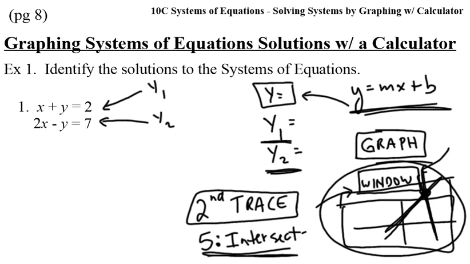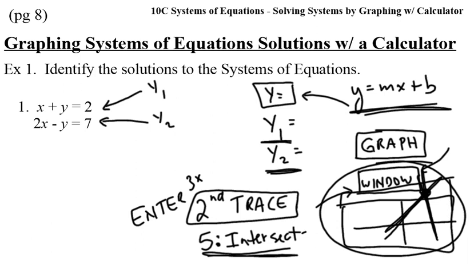You might have to put the cursor a little close to the point of intersection just to make sure you get good results. And you're just going to hit enter 3 times. Enter, enter, enter. That's all you're going to have to do. And then all of a sudden, at the bottom, there's your solution.